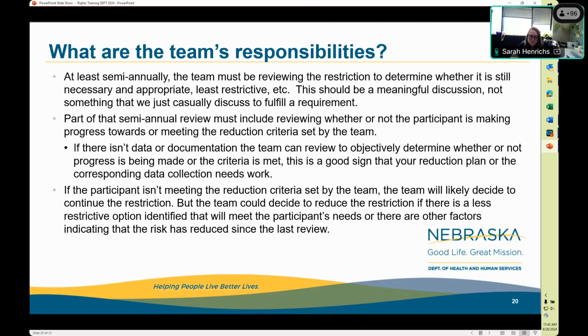Looking at that evidence and saying, yes, they've met this, or yes, they're making progress but haven't met it, or no, we're not even close yet.